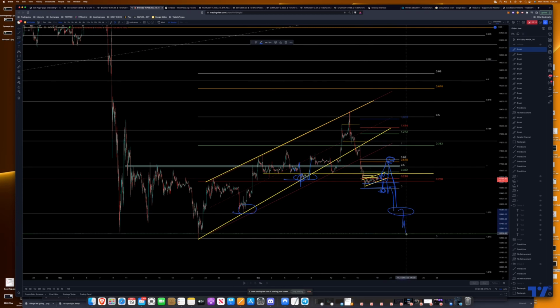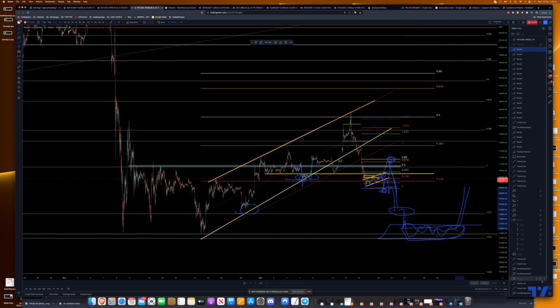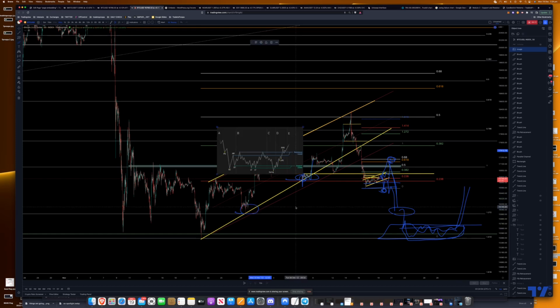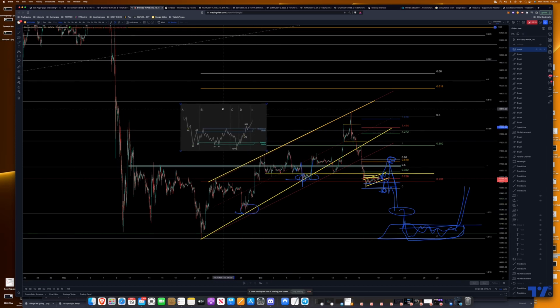Then it could be also a bit of a stay in this range for a while as we accumulate and then go back up. And this fits into our Wyckoff structure as well. So if we were to have the Wyckoff structure there, you can see that that could be the spring.